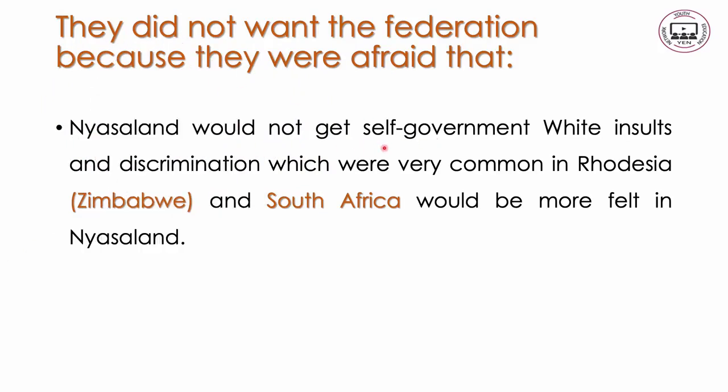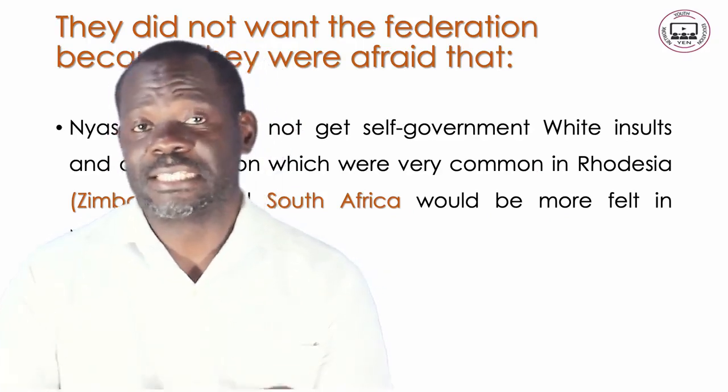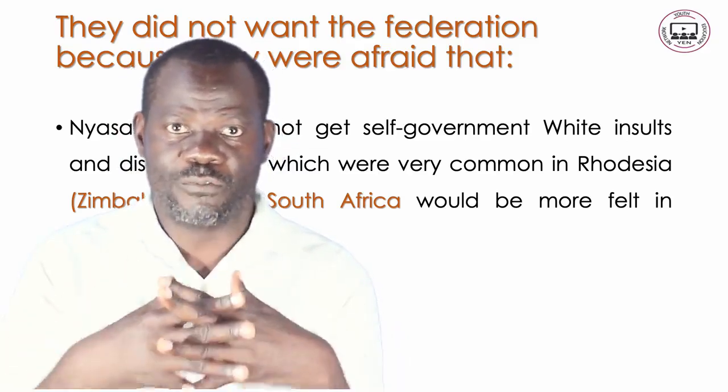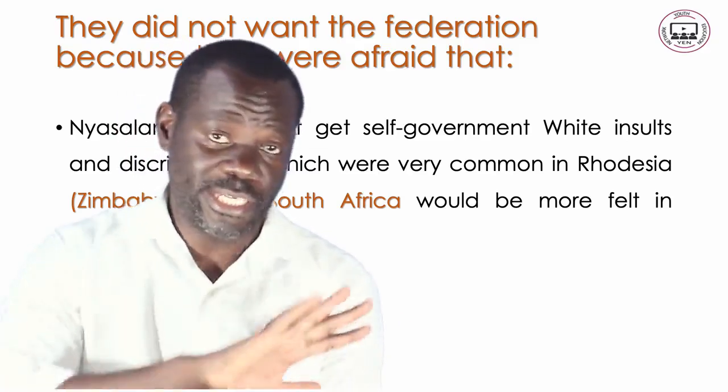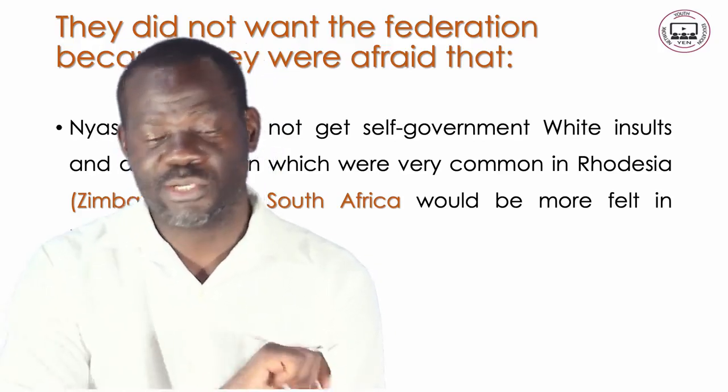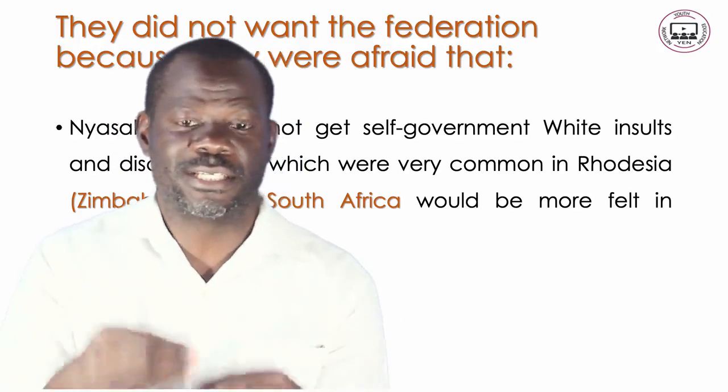Nyasaland would not get safe government, and white insults and discrimination, which were very common in Rhodesia, that is Southern Rhodesia, Zimbabwe, and South Africa, would be more felt in Nyasaland. So Nyasaland would not get the safe government with the federation of Rhodesia and Nyasaland. So they did not want that federation, a union of Nyasaland and Rhodesia, because it would advance discrimination.